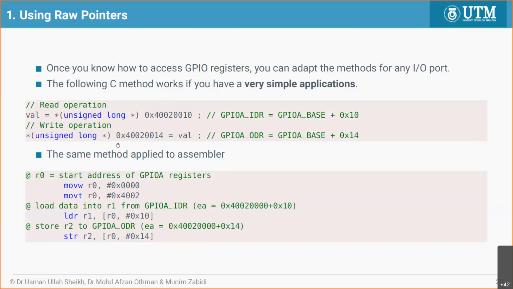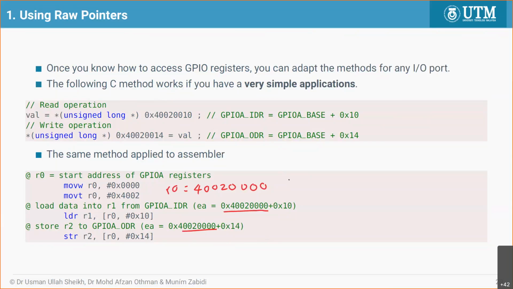You can use the same method also for assembly language programming. In the example down here, I loaded R0 with the base address. So R0 contains 0x4002 followed by 4 zeros. This is the value in R0. If I want to access IDR to load the data from the input data register, I do the load.